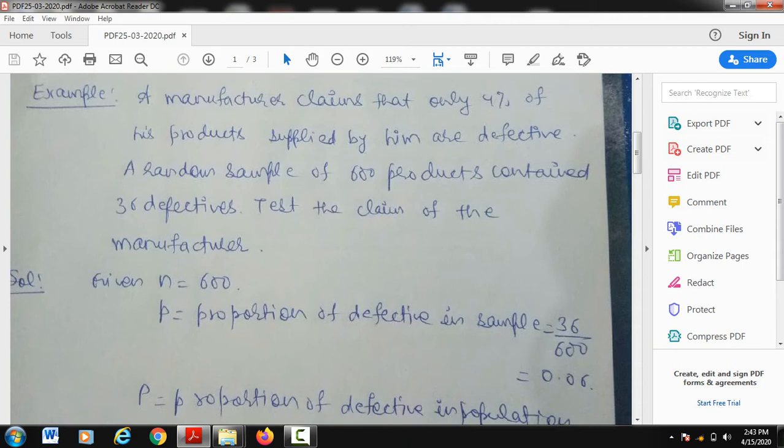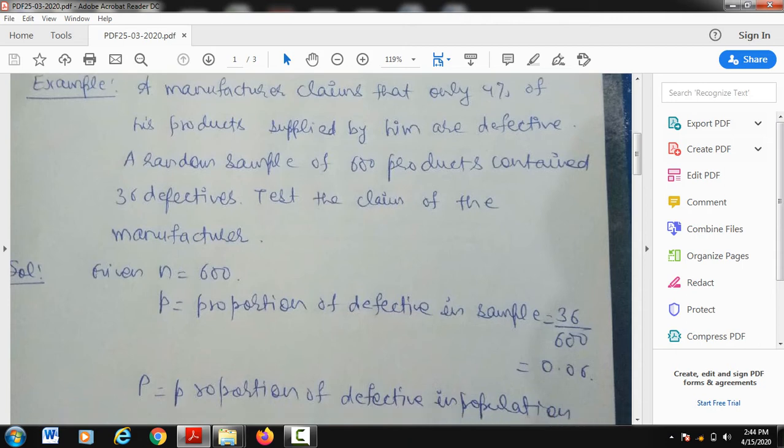So out of 600 products we have 36 defectives, and for the population he is saying that only 4% of his products are defective. Test the claim of the manufacturer whether on average 4% of the production is defective or not. We just want to check that.